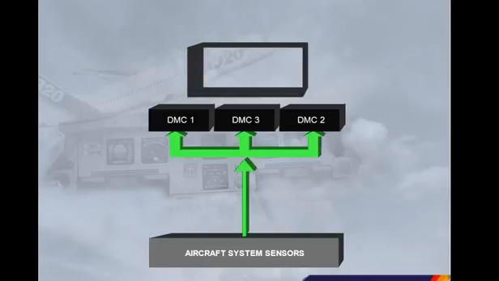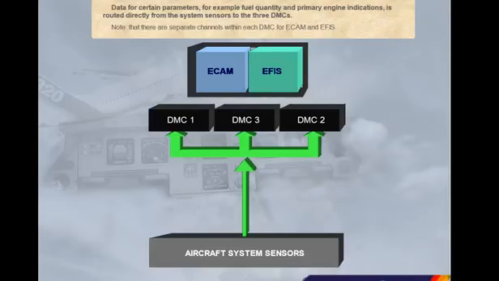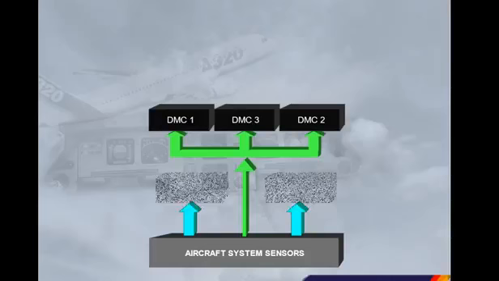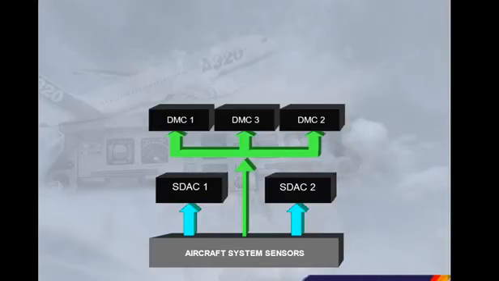Note that there are separate channels within each DMC for ECAM and EFIS. For the majority of the systems, the sensors supply data to two System Data Acquisition Concentrators, SDAC. The SDACs acquire system data, process it, and send some of it as system page data to the three DMCs.